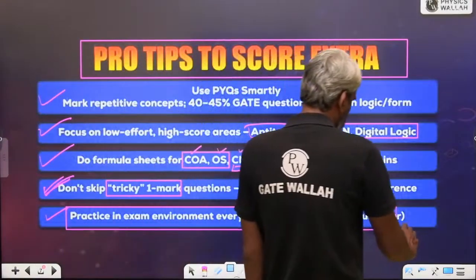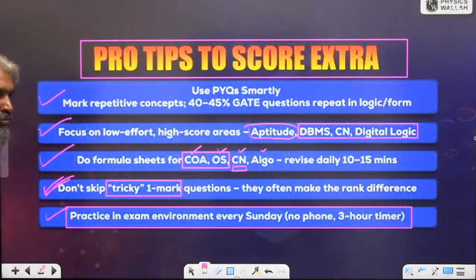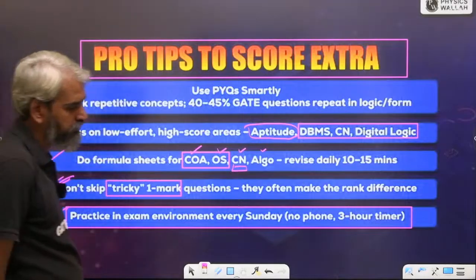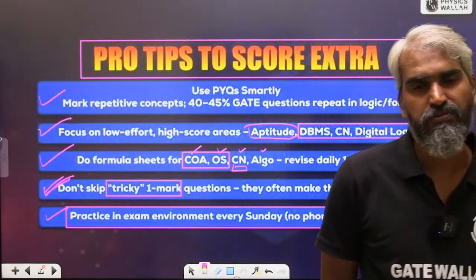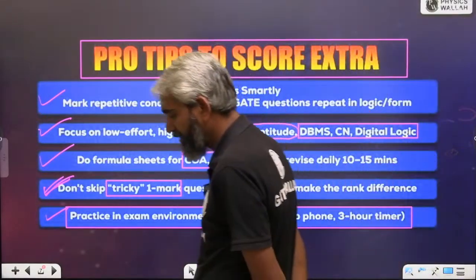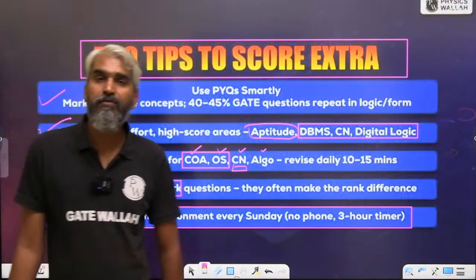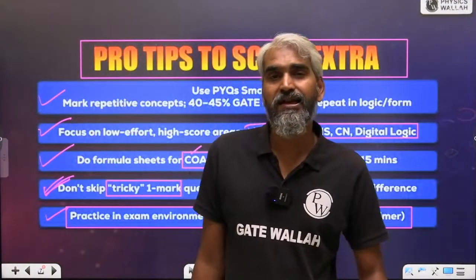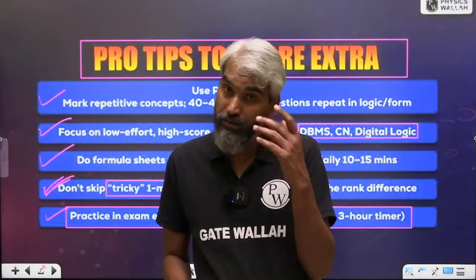And the last and most important thing is, I always suggest that you try to set your biological clock with the actual exam scenario. That is, if you are supposed to appear for the GATE exam from 9 to 12 or 2:30 to 5:30, then try to give the maximum number of mock tests between 9 to 12 or 2:30 to 5:30, and at the same time ensure that you appear for the mock test in exactly a real exam like scenario, knowing that only 3 hours is there.